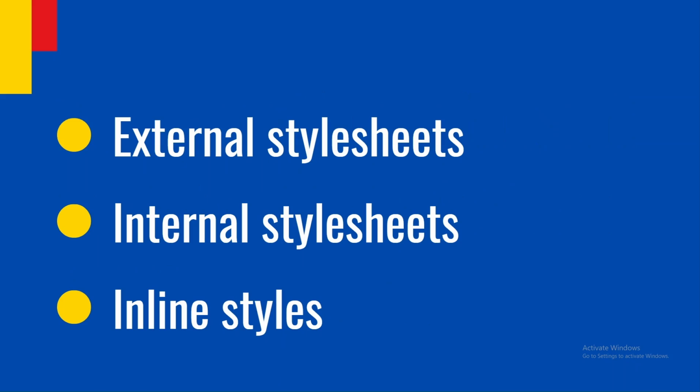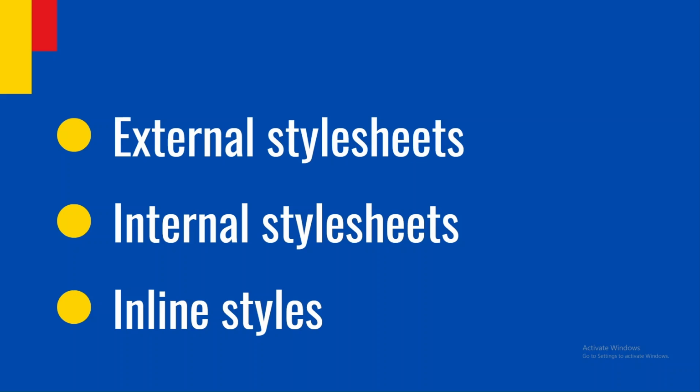We can use an external style sheet, we can use an internal style sheet, and we can do what is called inline styles. Now we'll look at each of these methods of adding CSS to our HTML document. So don't get confused and watch to the end of the video.